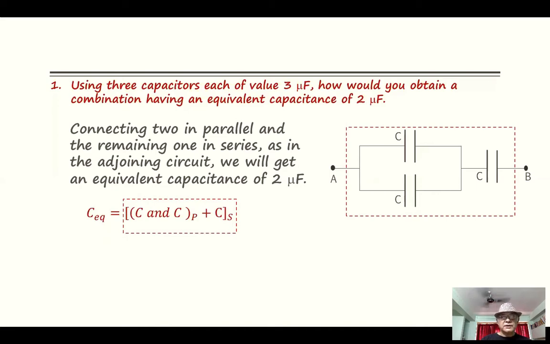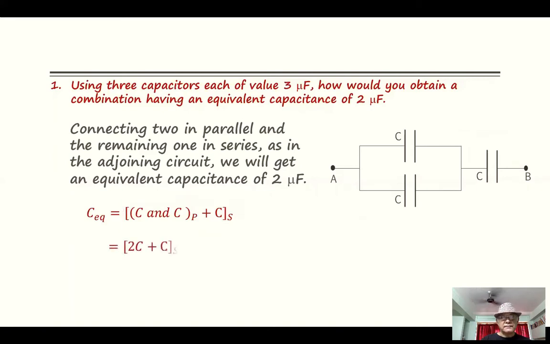Using the laws of series and parallel combinations, we proceed. C and C in parallel will give us 2C. Then C is in series with 2C. This is equal to, finally, 2C by 3, that is 2 microfarad when you substitute the value of C.